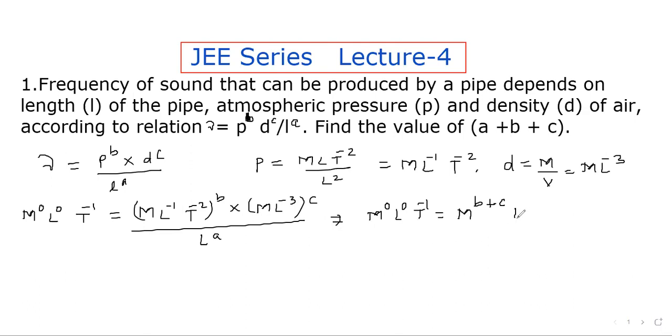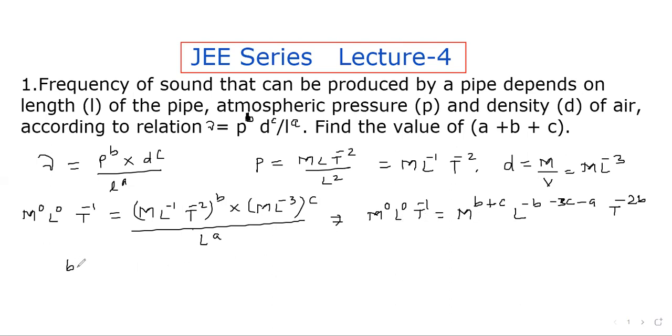Now consider the power of L. Here this is -B, and this is -3C, and from here, -A. And then T power -2B from here, nothing else. Now we compare the powers on both the sides.